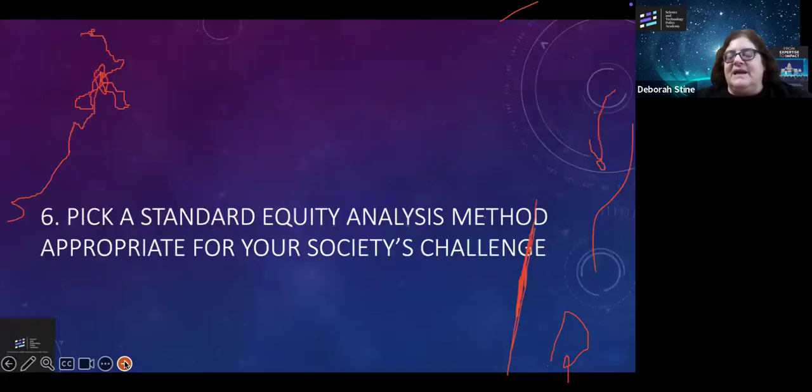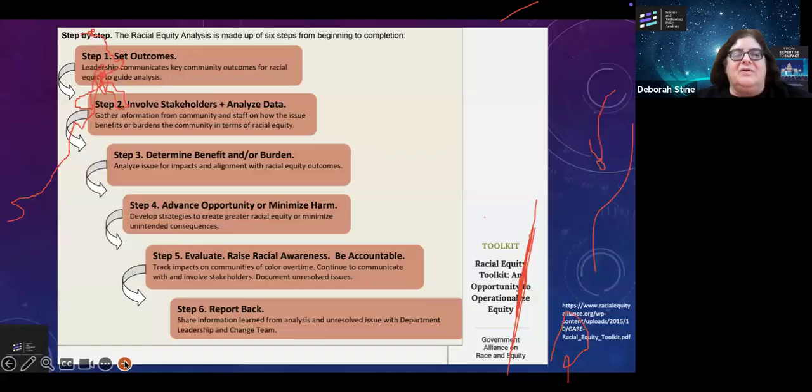So the next thing is looking at a standard equity analysis process that's appropriate for you. There are two that I think make sense. Now, most of these, as you'll see here, talk about racial equity, and that is because most of them were developed after George Floyd, around 2014, 15.